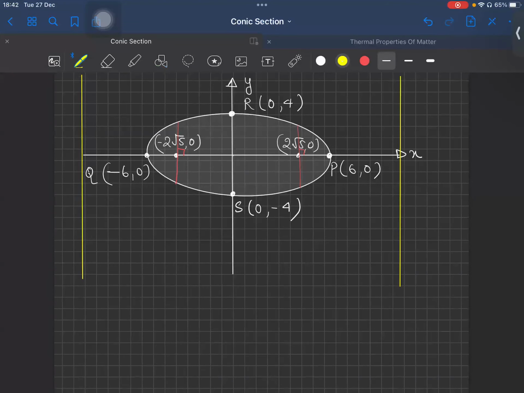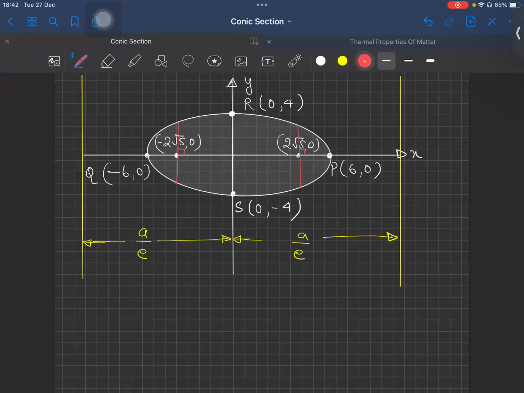That means you have to find this length. This length is a upon e. Sorry, x is equal to a upon e, and this is also a upon e. This length. So tell me the equation of directrix.